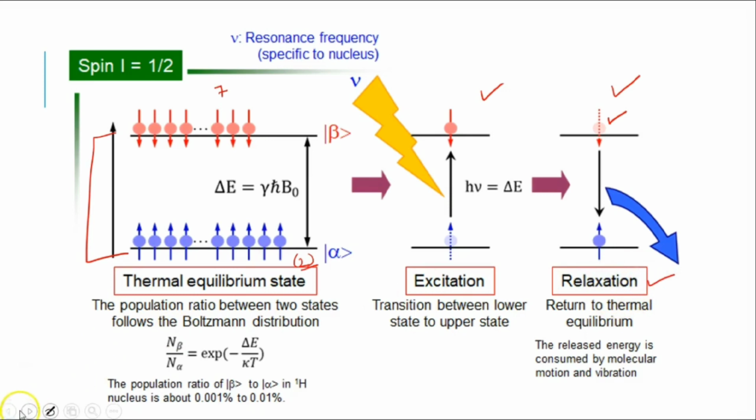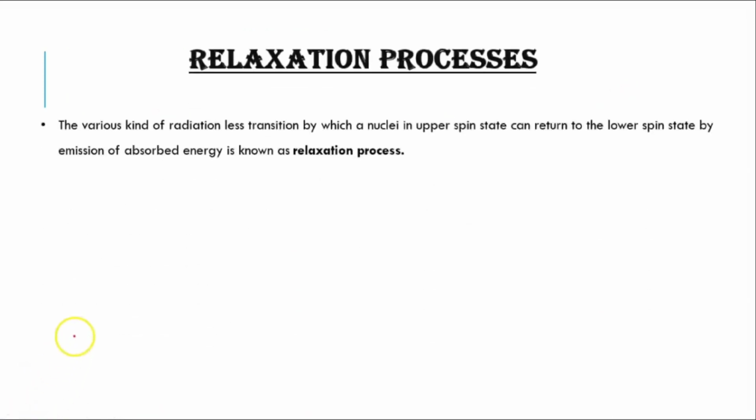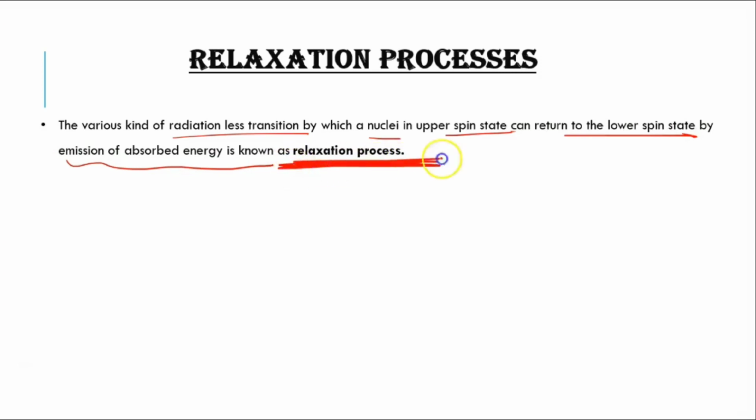So we are going to take up the next topic, that is relaxation processes, and the various kinds of radiation-less transition by which a nucleus in the upper spin state can return to the low spin state by emission of absorbed energy is called relaxation process.